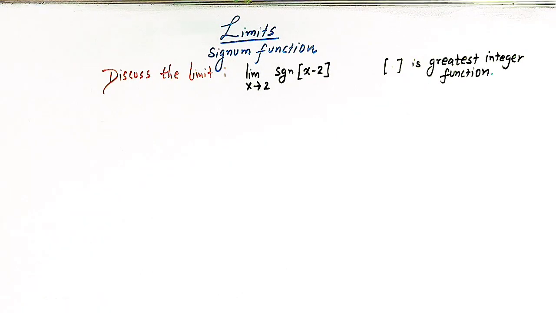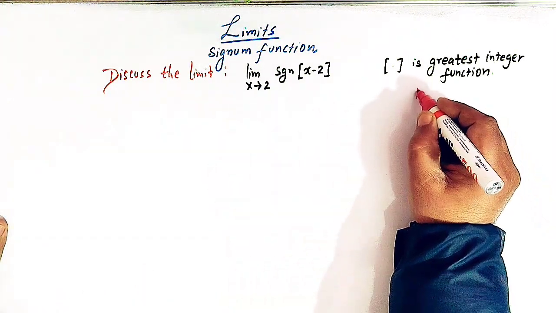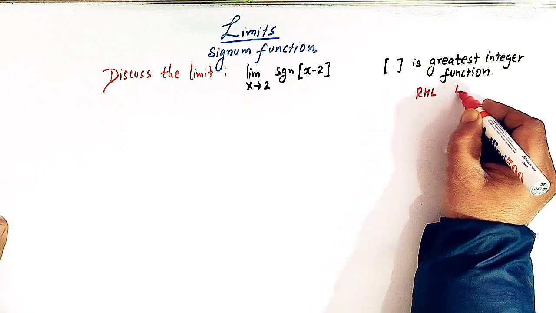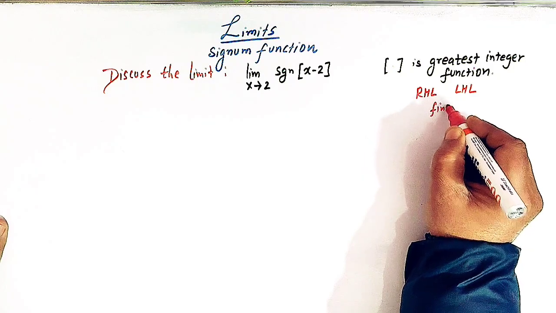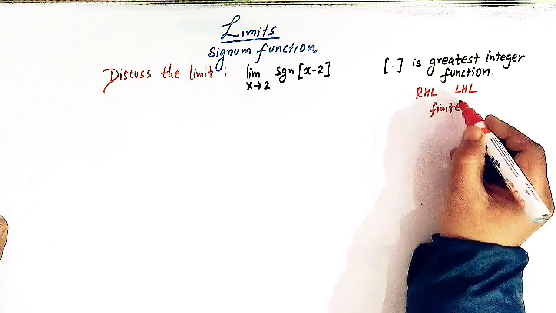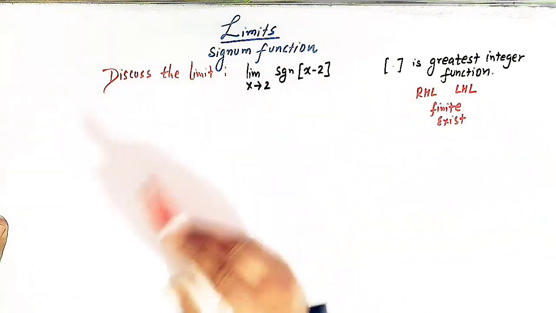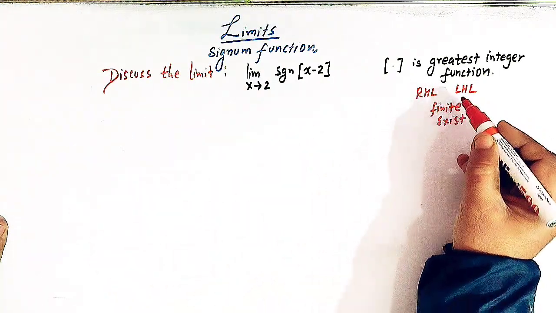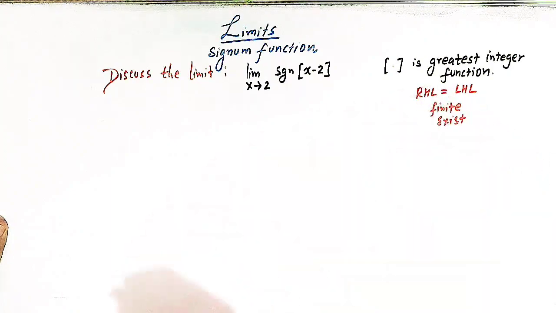So now we know that for the existence of limit of a function at a given point, both the right hand limit and the left hand limit should be finite, and both these limits should exist, right? And moreover, if the limit of the function is to exist, then both these limits should be equal to each other, right?